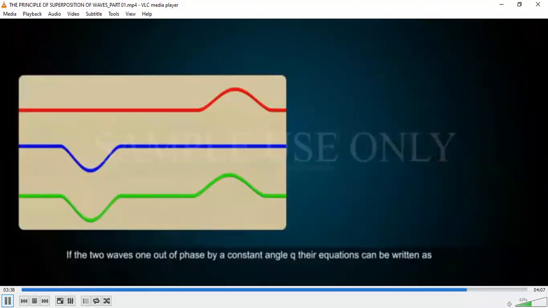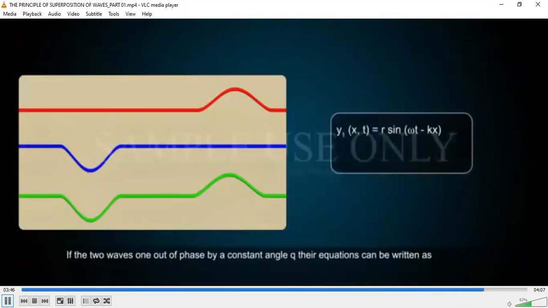If the two waves are out of phase by a constant angle phi, their equations can be written as y1(x,t) equals r sin of omega t minus kx, y2(x,t) equals r sin of omega t minus kx plus phi.